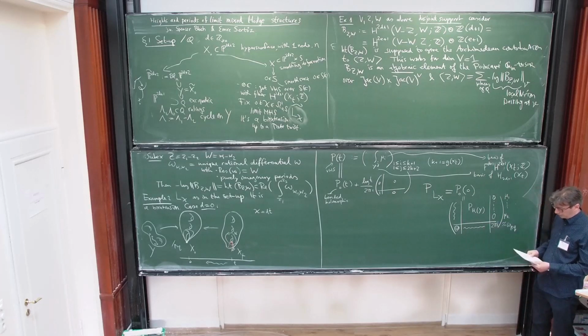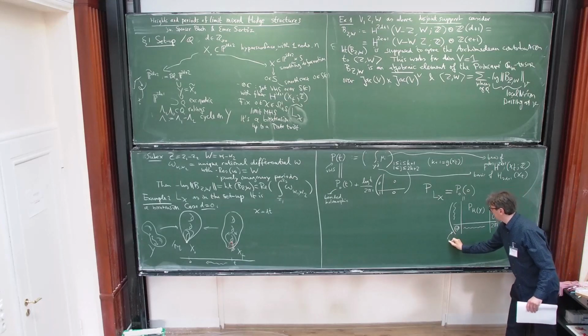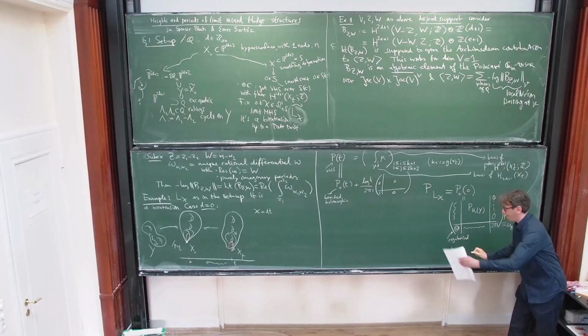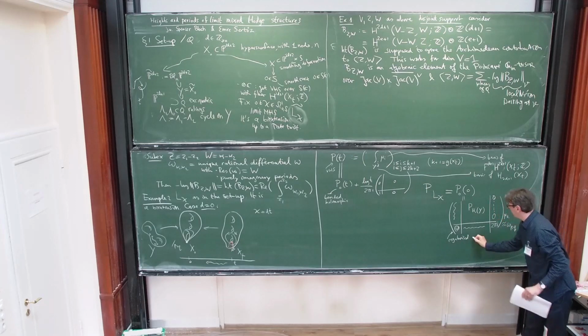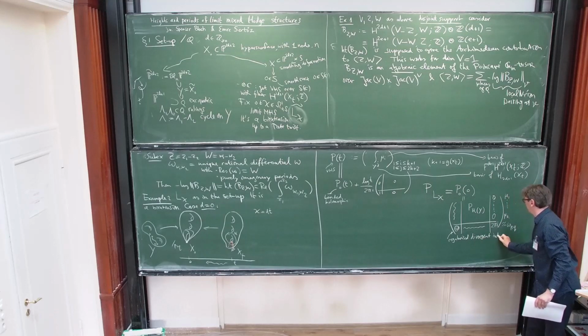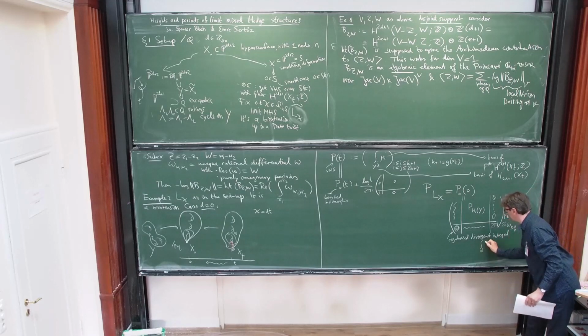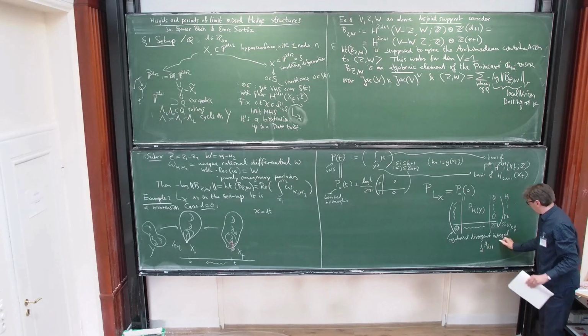So you can simplify this a whole lot. And the idea is that you think of this number here as the regularized divergent integral with respect to the coordinate t.